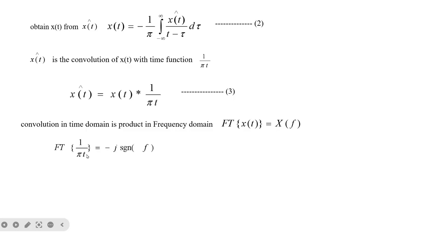And Fourier transform of 1 by pi t is given as minus j signum function of f. This SGN is nothing but the signum function, which is defined as 1 when the frequency components are greater than 0, 0 for f equal to 0, and minus 1 for f less than 0.